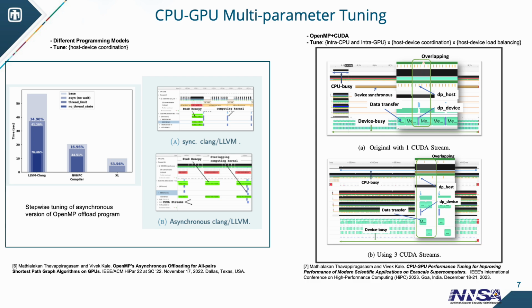So when we do this for a dot product for this OpenMP plus CUDA version on Summit, we show that compared to the original version without any optimizations, we get a lot of opportunities of overlap and load balancing here. And so this gives us an 8x speedup.